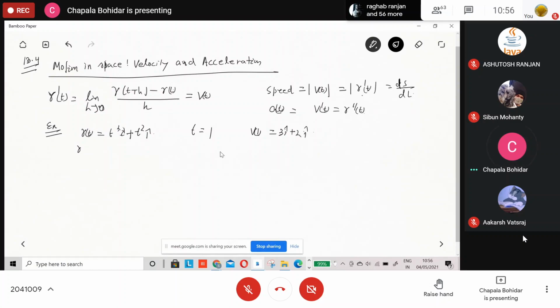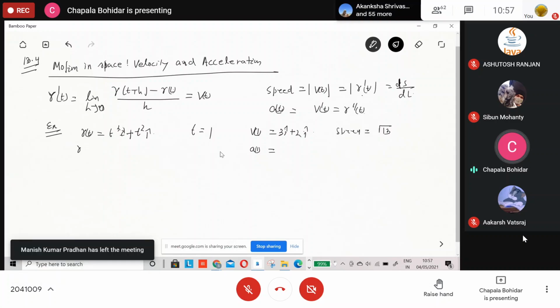Then speed is equal to root 13. Acceleration is equal to 6 i cap plus 2 j cap.